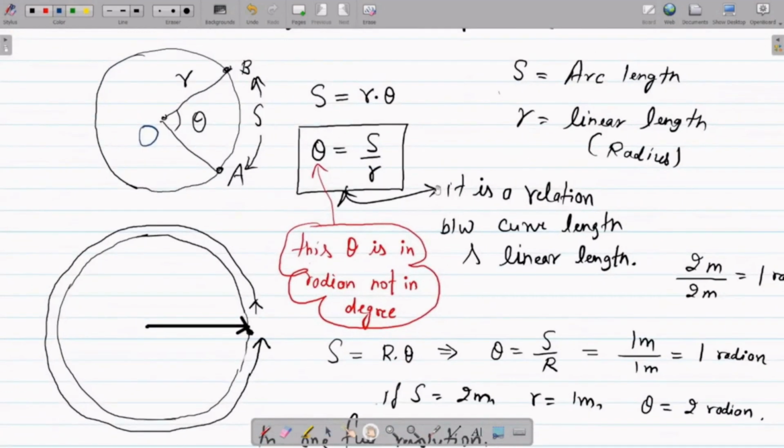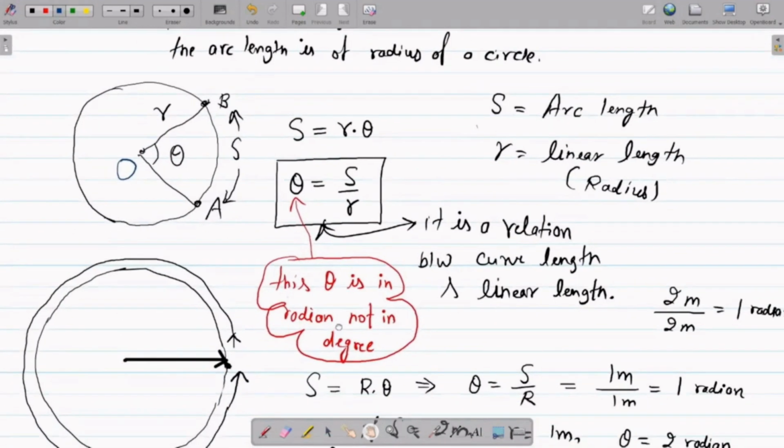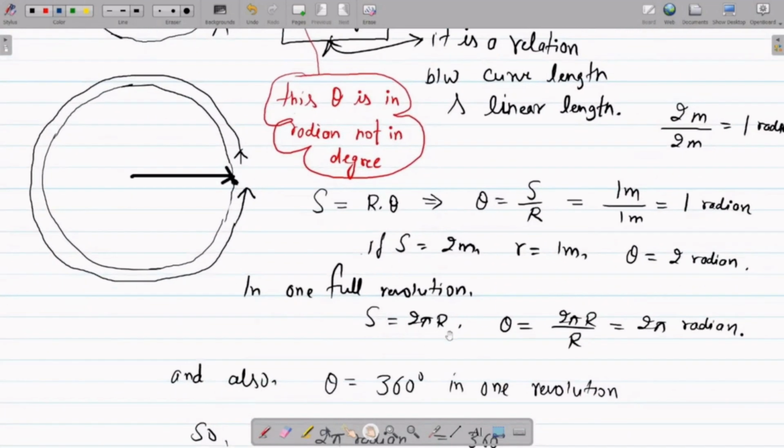Now let me discuss what happens if this point completes 1 full rotation of the circle. Here you can see this is the 1 full rotation, and the arc length in this case comes out to be S equal to 2 pi R, which is equal to the circumference of this circle. If I put the value of S here, then theta comes out to be 2 pi radian. So the angle in 1 full revolution is 2 pi radian, and it is in our knowledge that it is 360 degree.